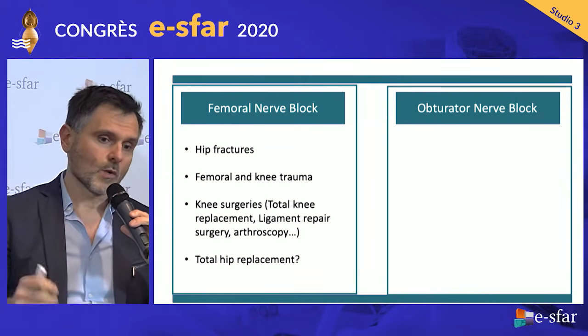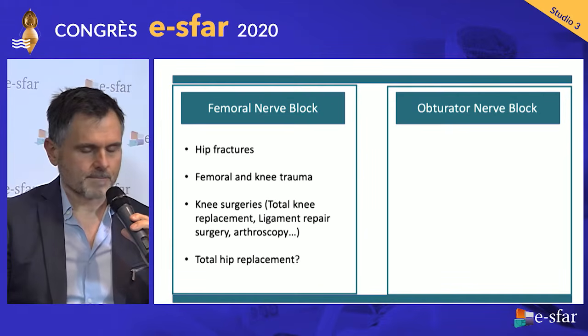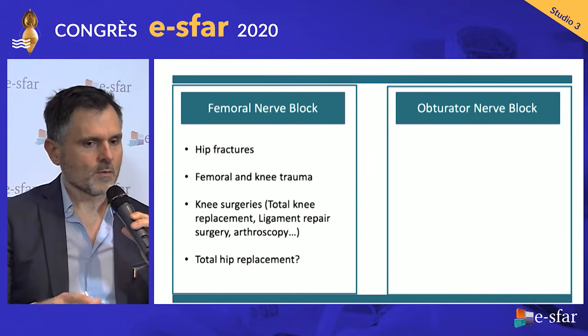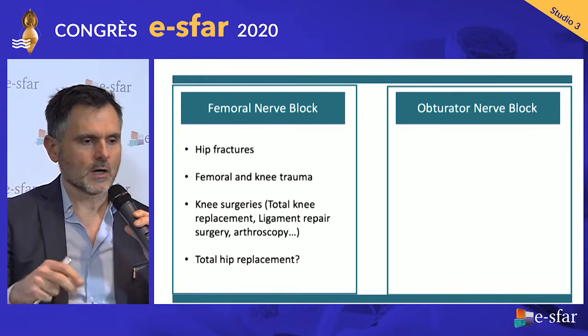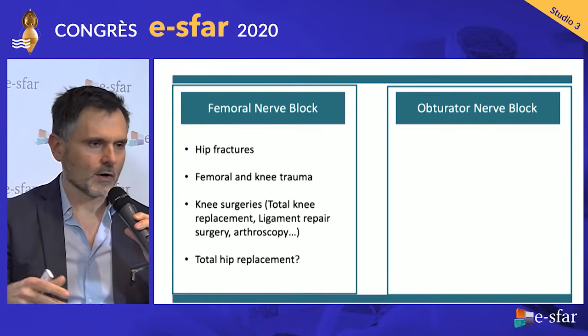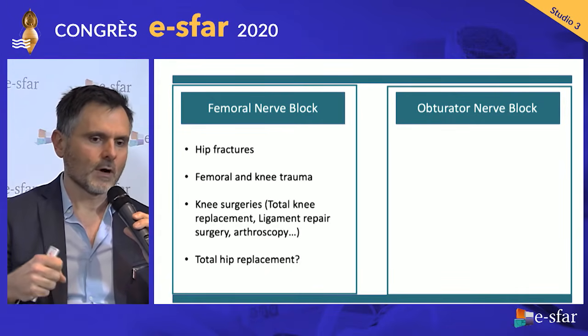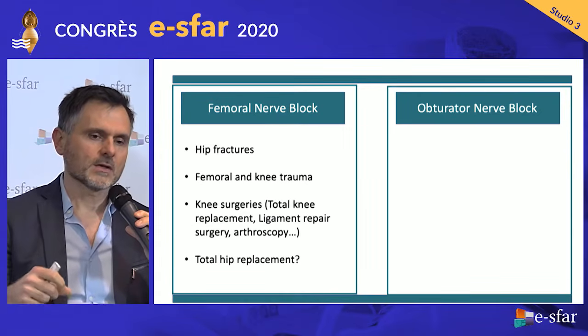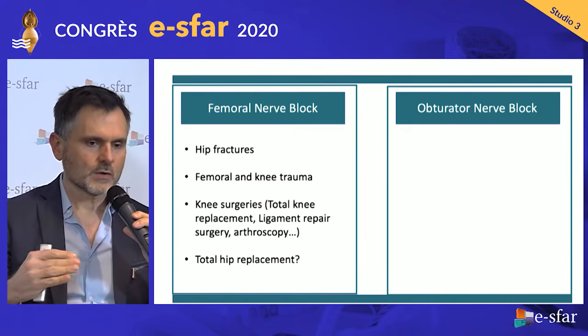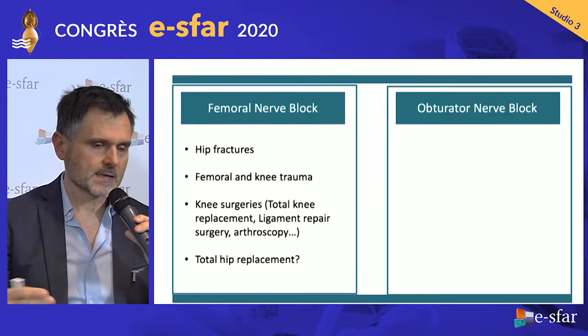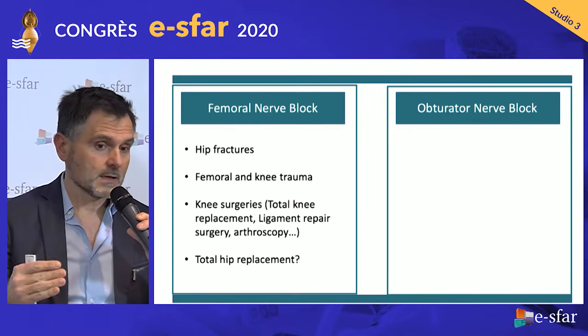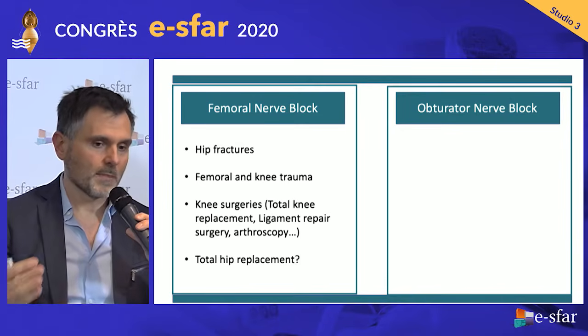The question is, what about hip replacement? At the moment, we cannot use femoral nerve block daily for hip replacement because the femoral nerve block induces quadriceps weakness, and that forbids the early walk of the patient.